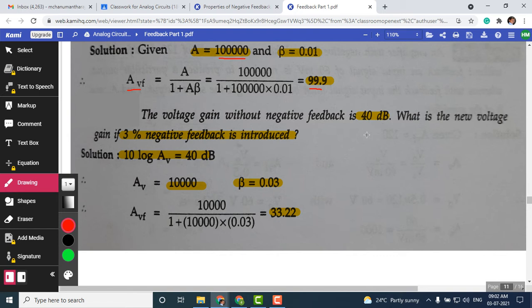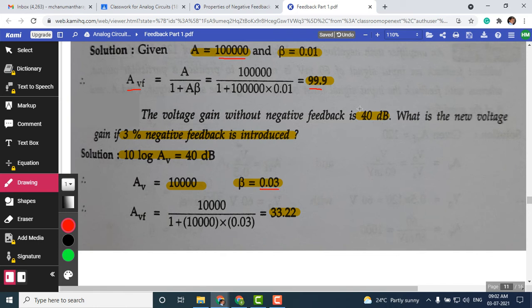It is given in 40 dB, that is the gain without negative feedback, A, and 3% negative feedback is introduced. 3% means it is 0.03, or 3 by 100. So that gives me beta as 0.03.